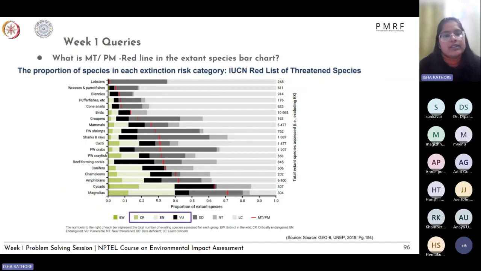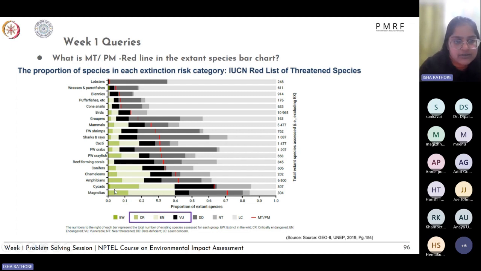Okay, moving on. What is the red line in the extinct species bar chart? This was a bar chart given in the biodiversity section. We have the proportion of species in each extinction risk category.